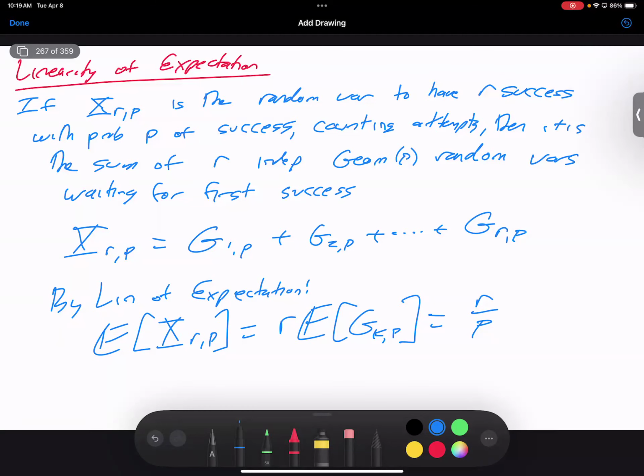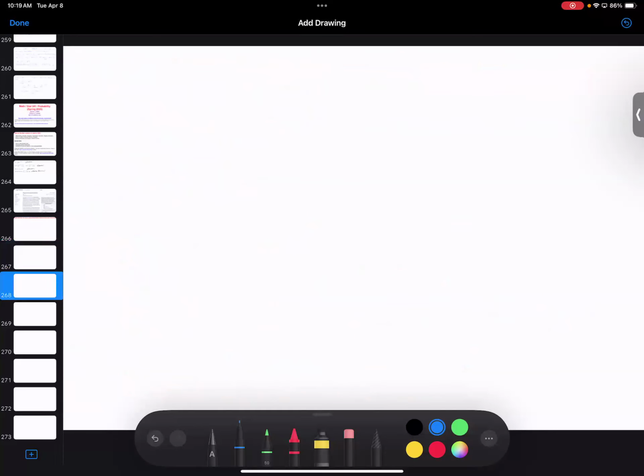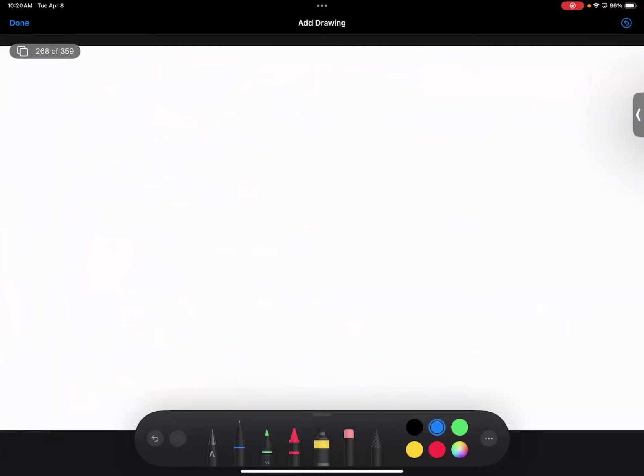All right. But 2 proofs is not enough. Let's do a third proof. Let's do a recurrence relation proof. All right. And I may get this slightly wrong, and I apologize, as to do I want to do attempts or number of failures? Let's do attempts.